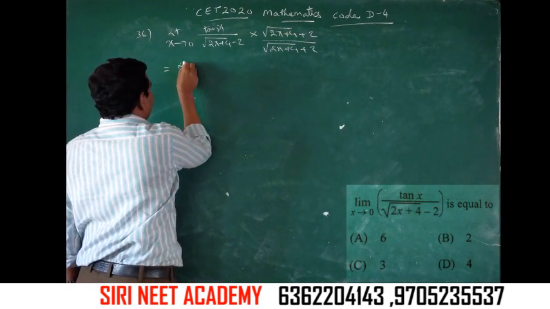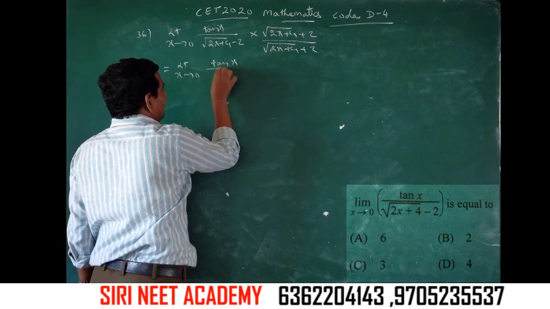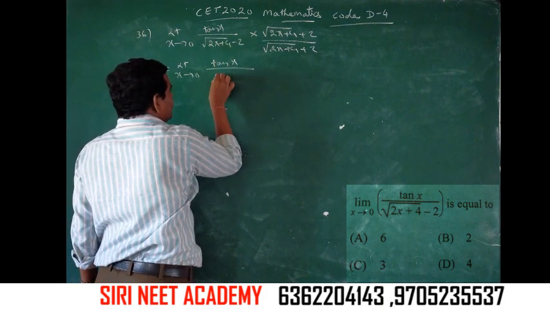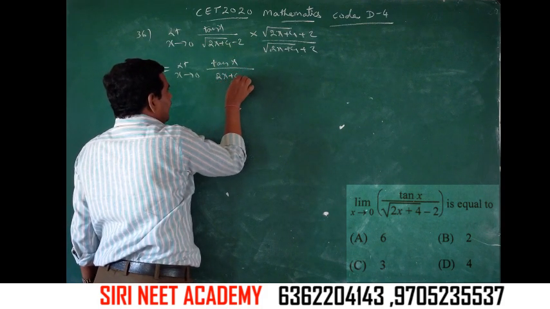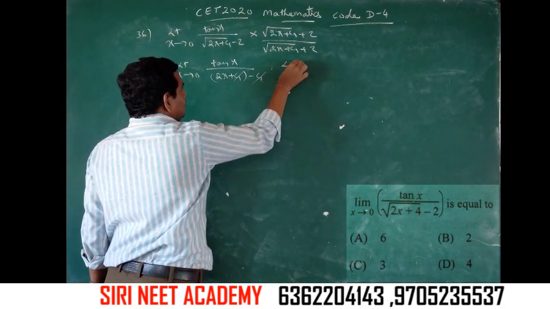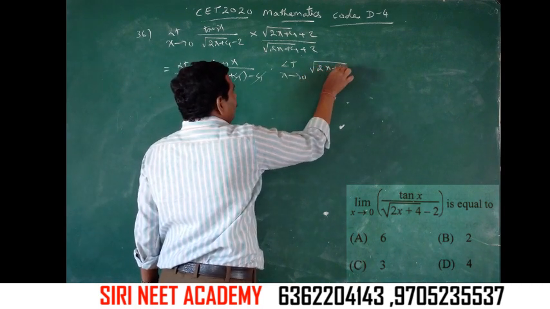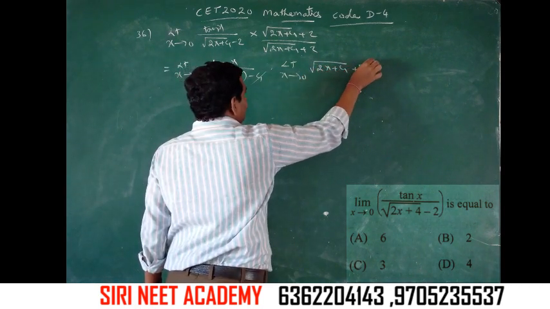That is equal to limit x tends to 0, tan x divided by a minus b into a plus b, a square minus b square, into, separate the limit, limit x tends to 0, root of 2x plus 4 plus 2.